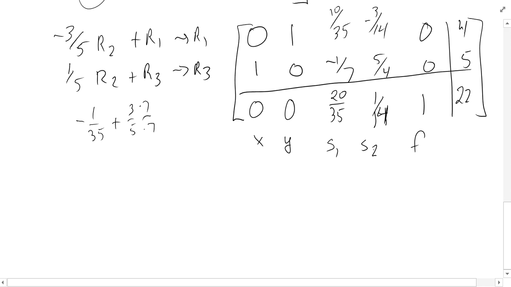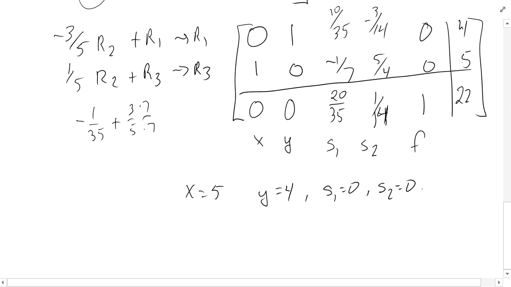And so it looks like lining up the numbers, x is a really nice column. The 1 lines up with the 5, so x would equal 5. Y has the 1 lining up with the 4, so y equals 4. S1 I want to set equal to 0, and S2 I want to set equal to 0. Those are very messy columns.